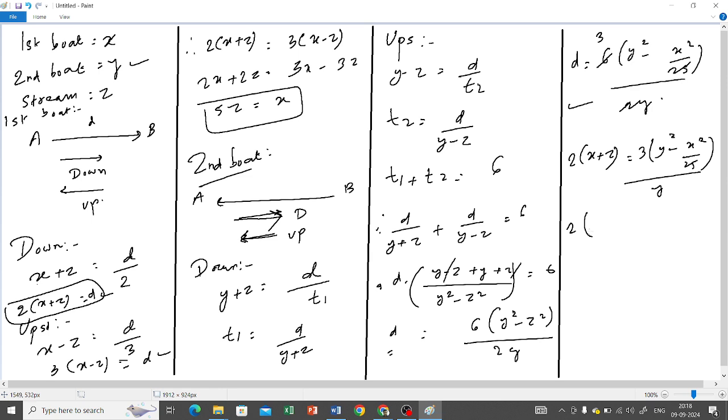I'm trying to make a small equation. Z is x by 5. This sum should not be attempted in CAT, but since it is given, that is why I am doing it.